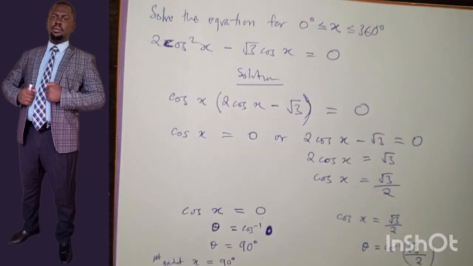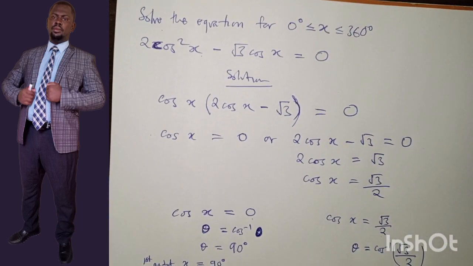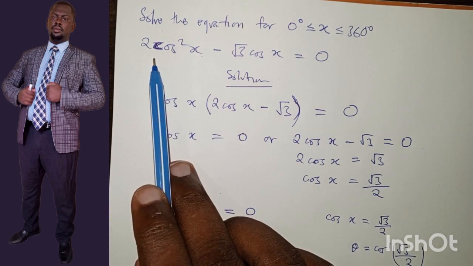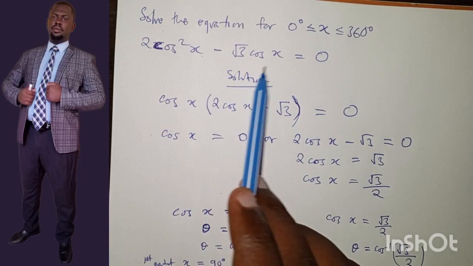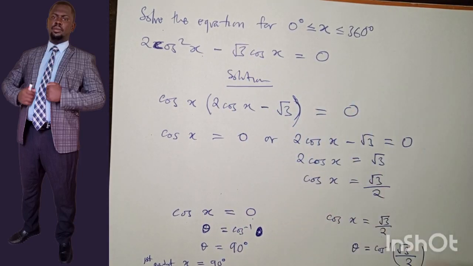So this was the question: solve the equation for 0 degrees less than or equal to x less than or equal to 360 degrees. It was 2 cos squared x minus square root of 3 cos x equals 0. Our first step, we divided out cos x.